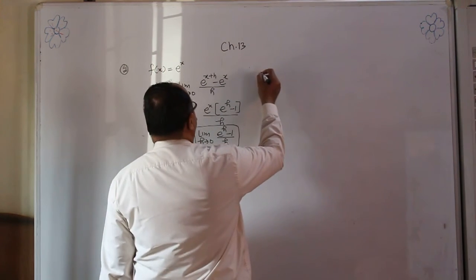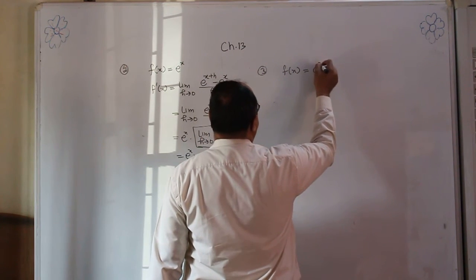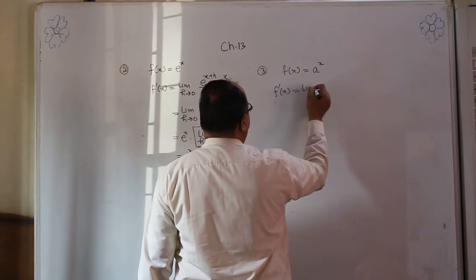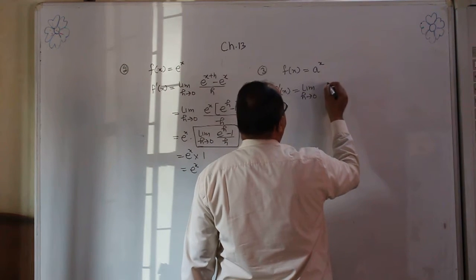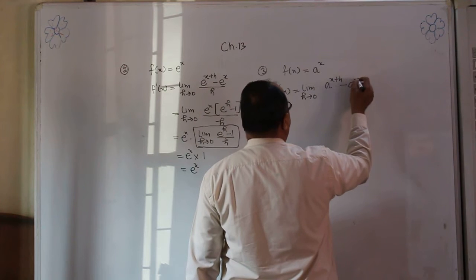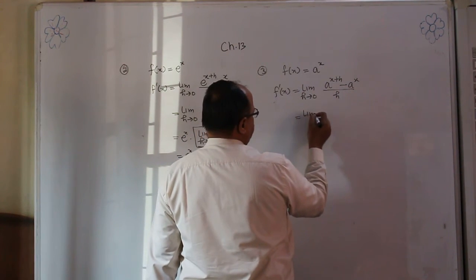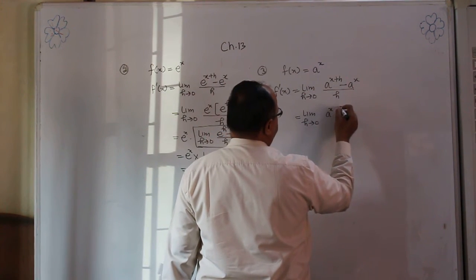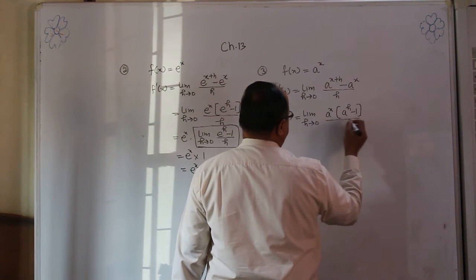Third question, f of x is equal to a to the power x. f dash x, limit h approaches to 0, a to the power x plus h minus a to the power x divided by h. You can take common a to the power x, then a to the power h minus 1 upon h.